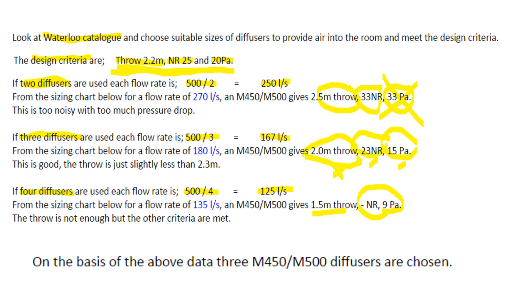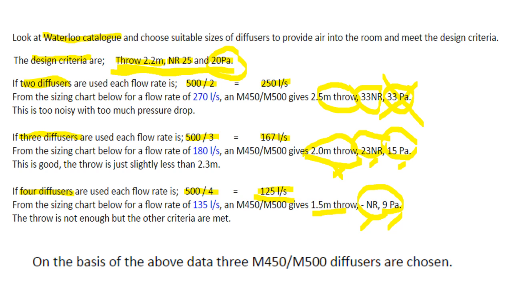And we will have the pressure drop of about 9 Pascal, which is way better than 20 Pascal, the design criteria. So if we choose this one, because the noise reduction level is checked, and also the pressure drop is checked, then we only have to deliver 125 liters per second per diffuser.